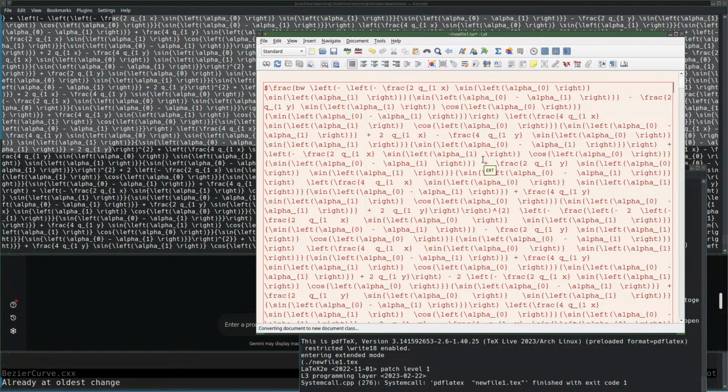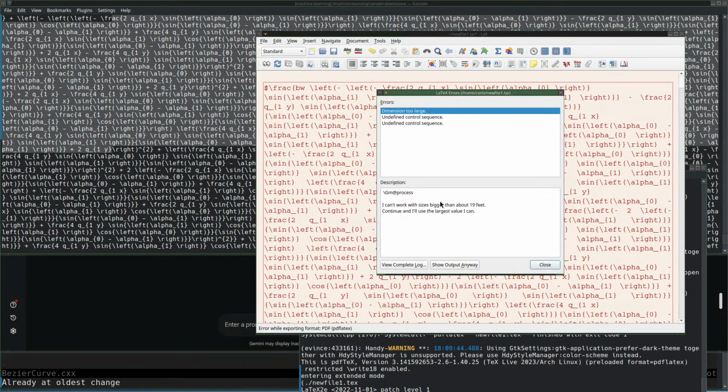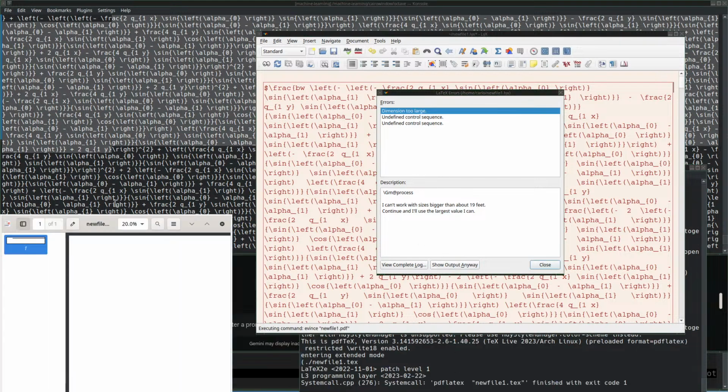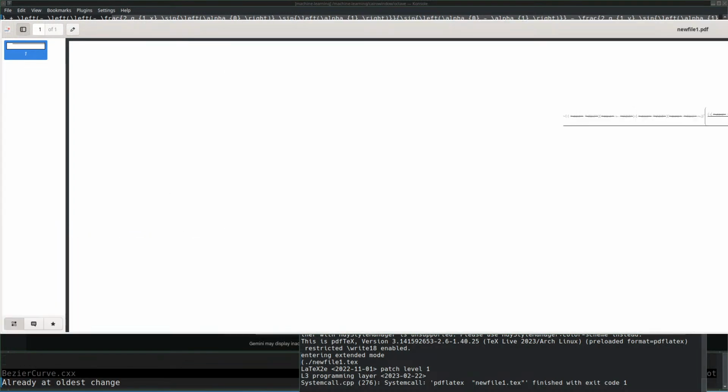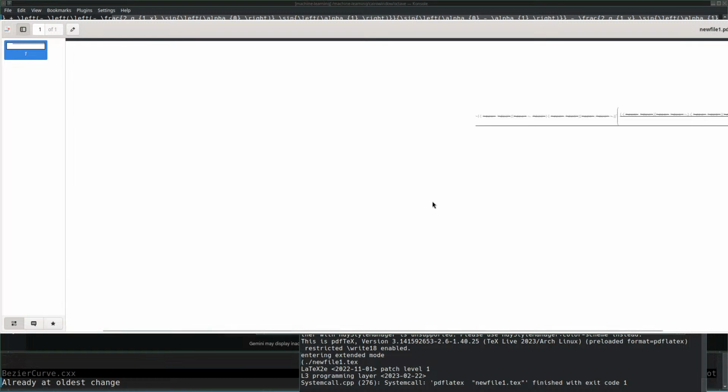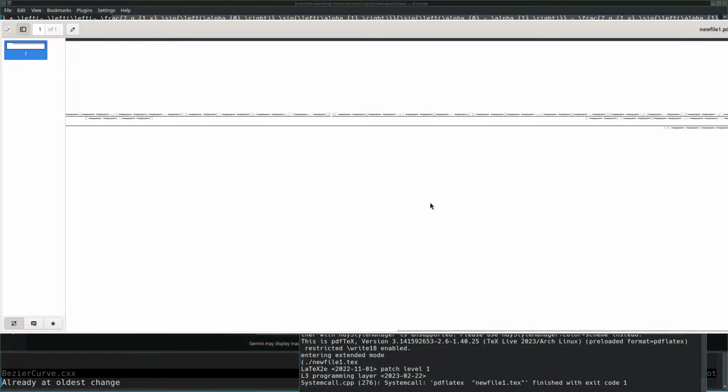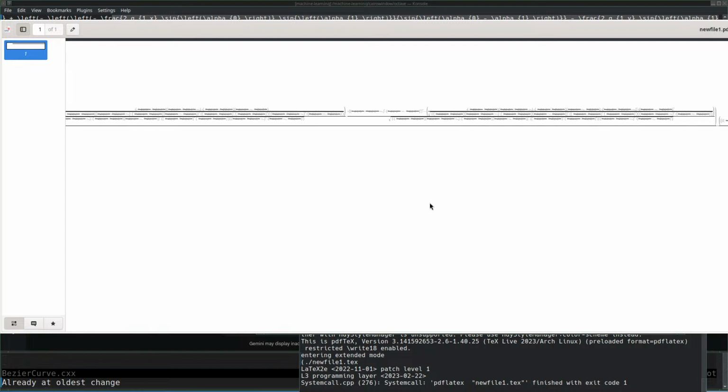Do what I want. Yeah, it probably shows the whole kilometer of paper. Apparently it doesn't. What? It's still cut off. You've got to be kidding me.